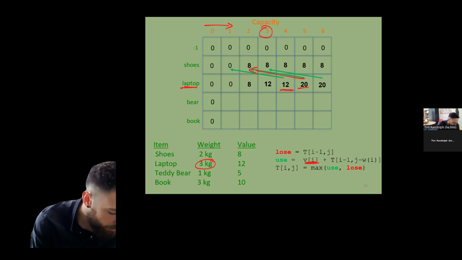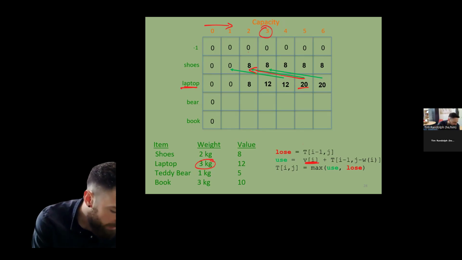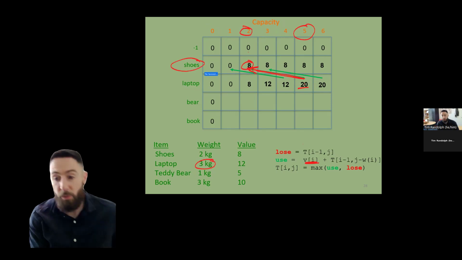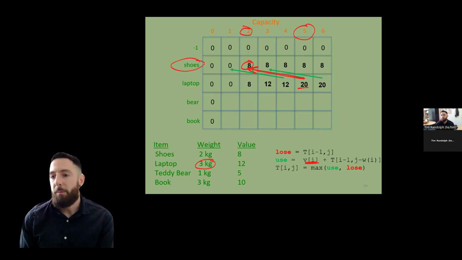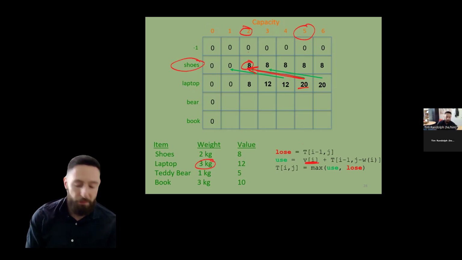And if you're wondering why we just went from 12 to 20, well, that's because if we have capacity 5 and we use the laptop, then we both get the value of the laptop, but we also recurse on remaining capacity 2 and deciding on the shoes. That is, we have enough capacity to take the shoes also. That's what that cell is telling us. So if we have capacity 5 or 6, the best we could do with the laptop and the shoes is to take them both.